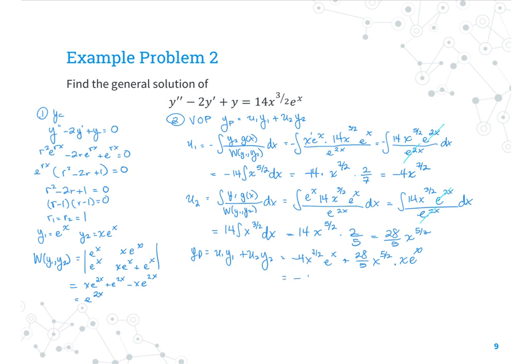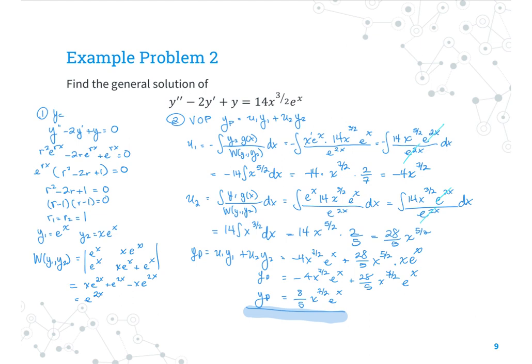So we really get negative 4 x to the 7 halves e to the x plus 28 over 5 x to the, well, now 7 halves e to the x. So we can combine these. So we get essentially negative 20 over 5 plus 28 over 5. So we get 8 over 5 x to the 7 halves e to the x. And that is our y sub p. So that is one of the things we were asked to find in this problem. So we found y sub p.